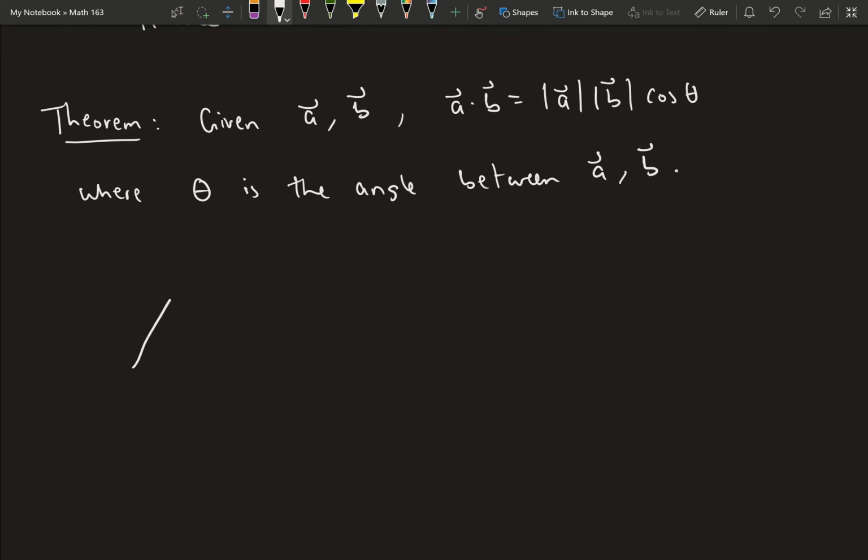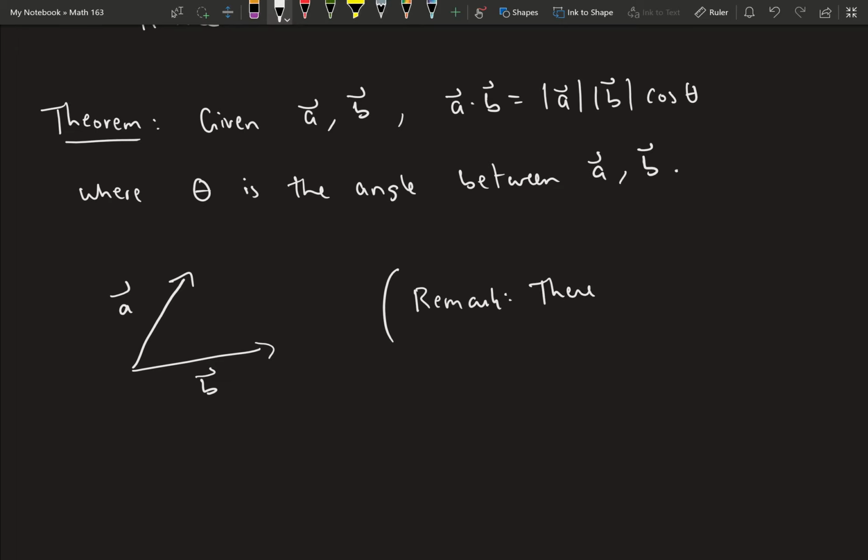I'm just going to draw it in the plane. You can imagine that these vectors are sitting somewhere in space, even if they're lying in R3, which they are. This is maybe a little remark that you can think about, and this is how theta is defined.